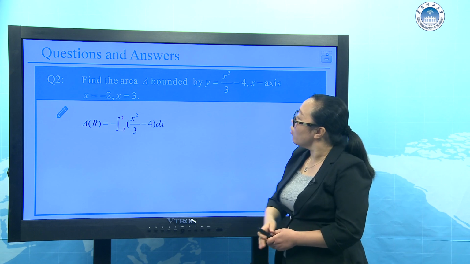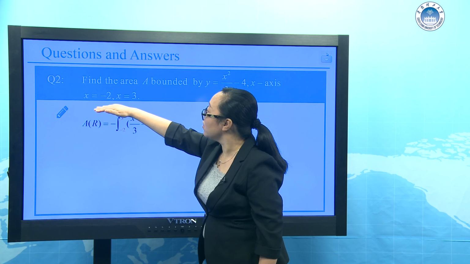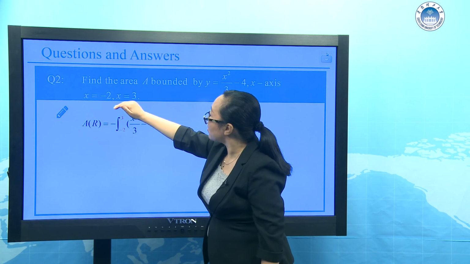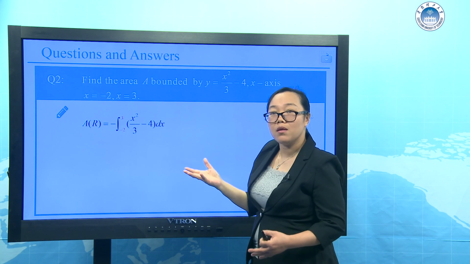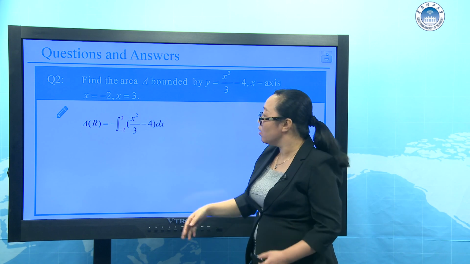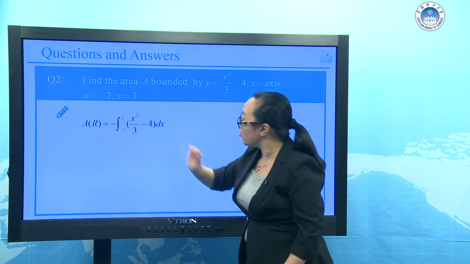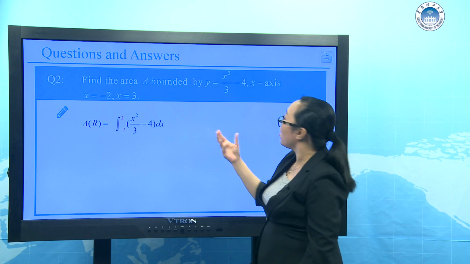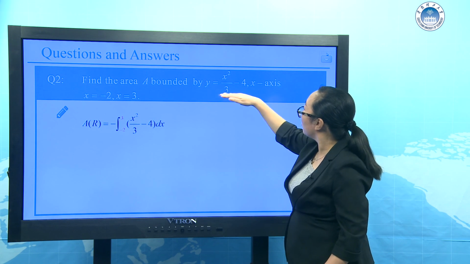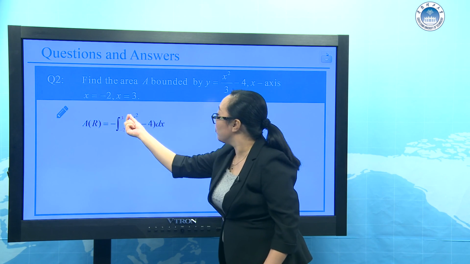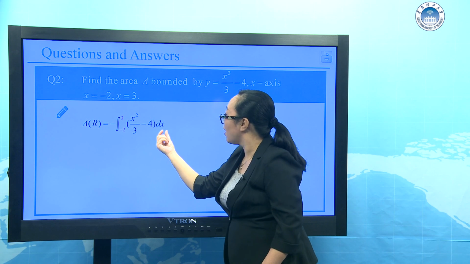What is B? From the given condition, x equals A, x equals B. Since -2 is less than 3, it is our A, and that is our B. Where is our f(x)? The curve. So from A to B, f(x) dx.